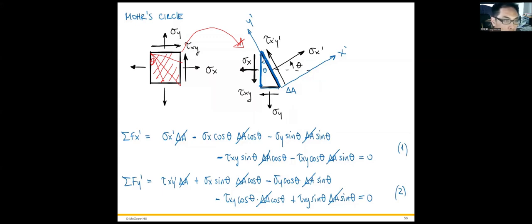Okay, so suppose we have already sliced this small element at a specific angle, right?